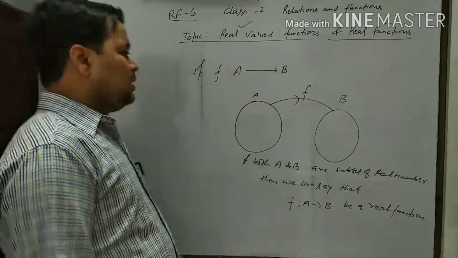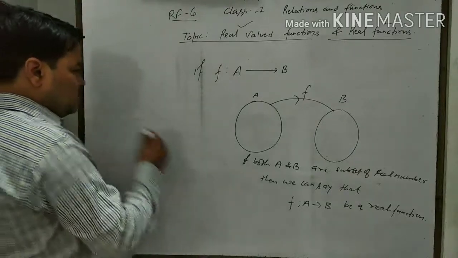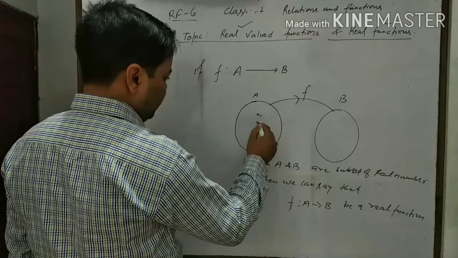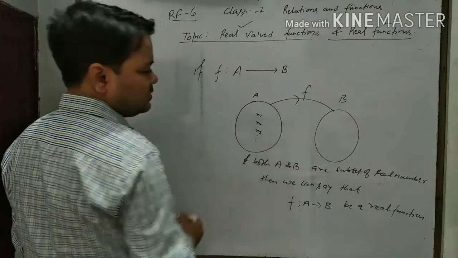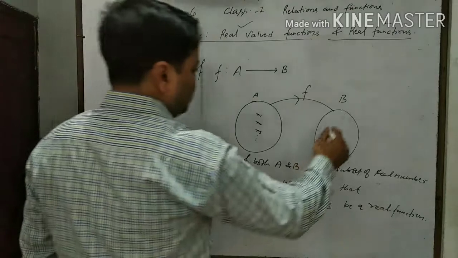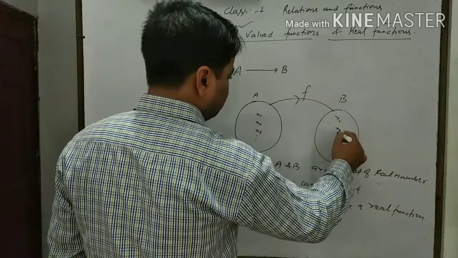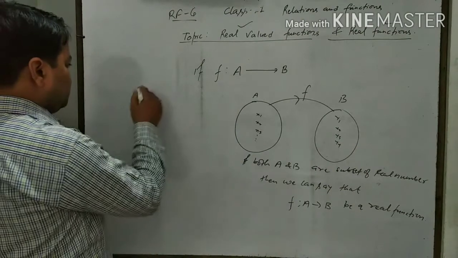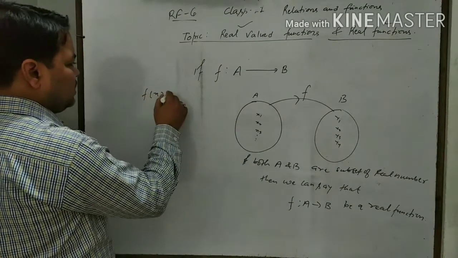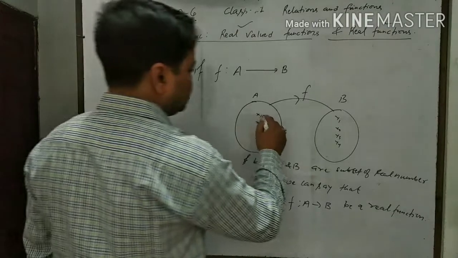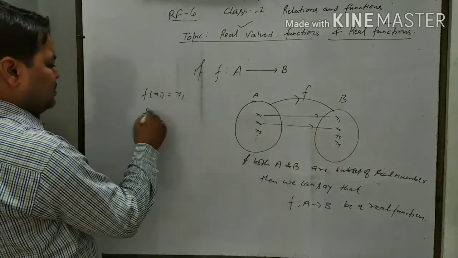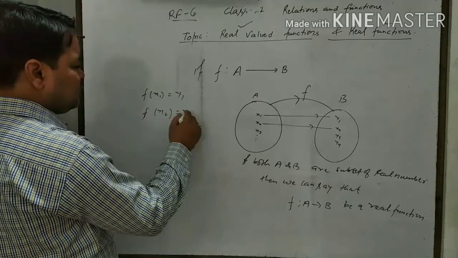Just like an example, here we have x1, x2, x3 and so on, and here y1, y2, y3, y4. Here f of x1 is equal to y1, and f of x2 is equal to y2.